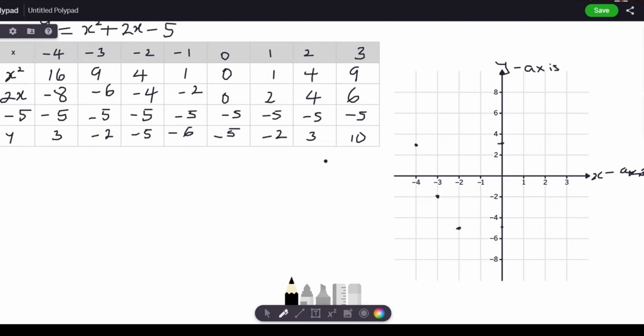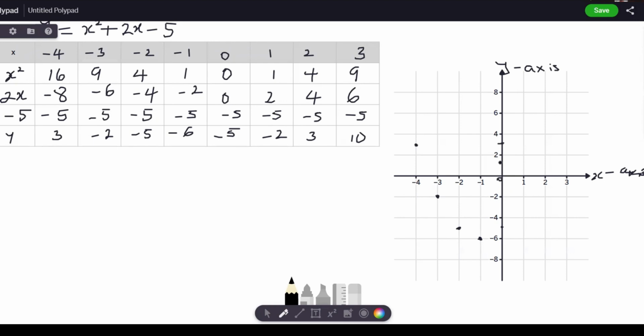Okay. Now when x is what? -1, y is -6. x is -1 here, y is -6. So this is -6. So we have this. Now when x is 0, y is -5. Now 0 is at the middle of this cross-like graph.